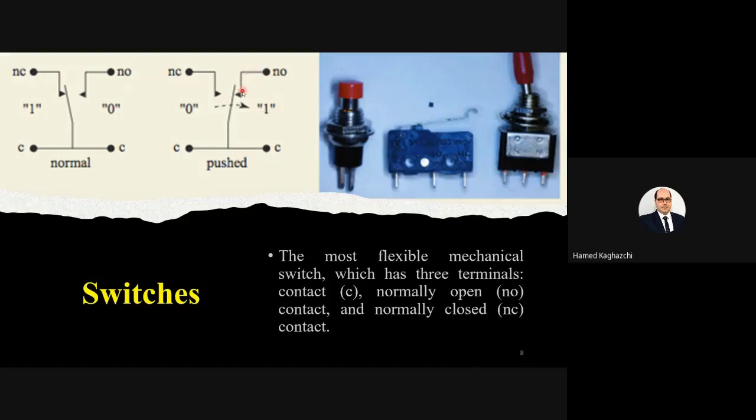In this section, this route is connected, so we will have 1 here and 0 here. In this section, this route is connected, so this is 1 and this section is 0.